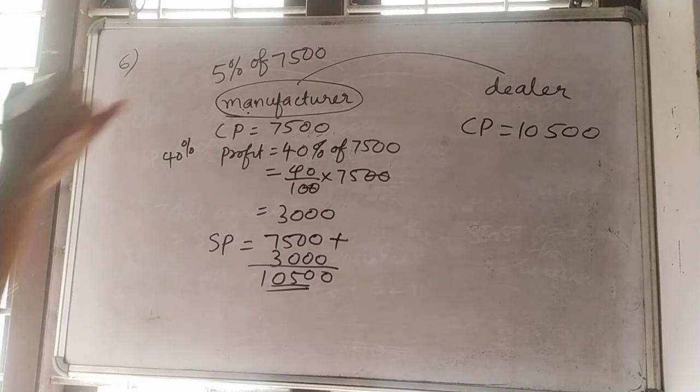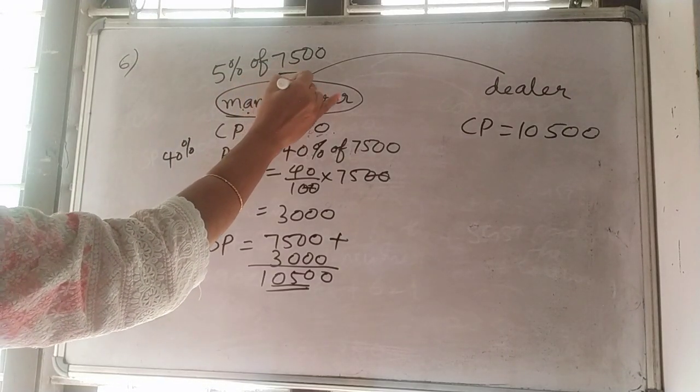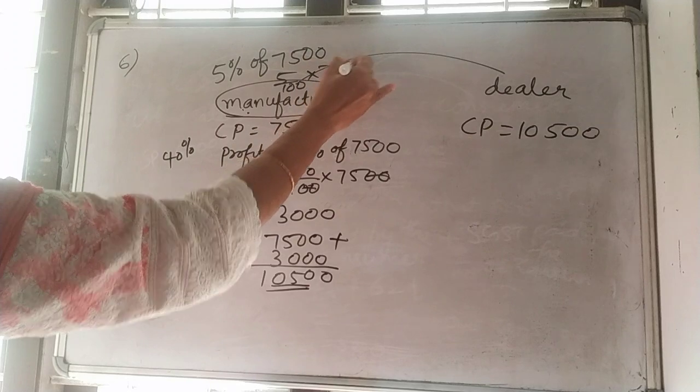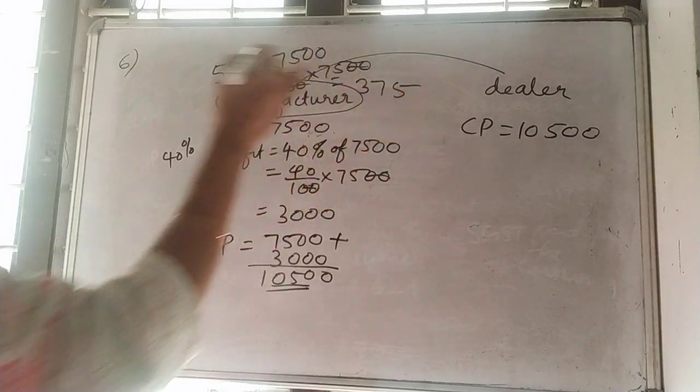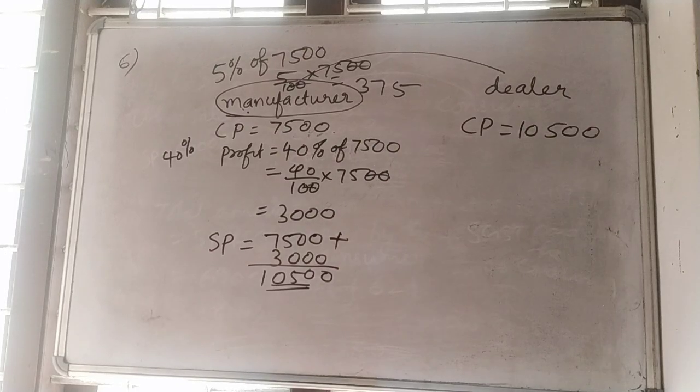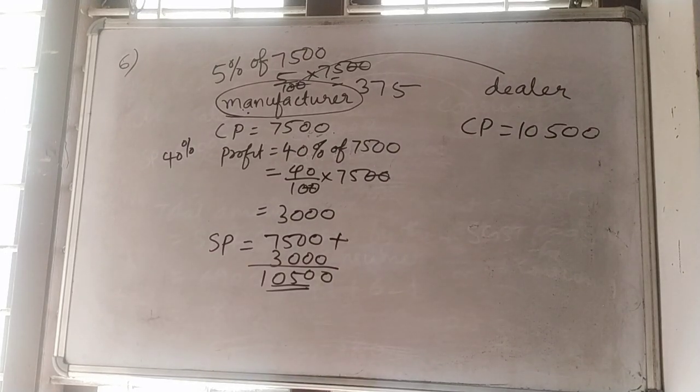That will be 5 by 100 into 7,500, which is equal to 375. So that is the input tax of the manufacturer.